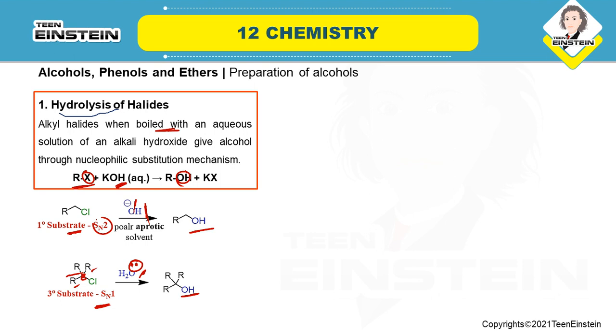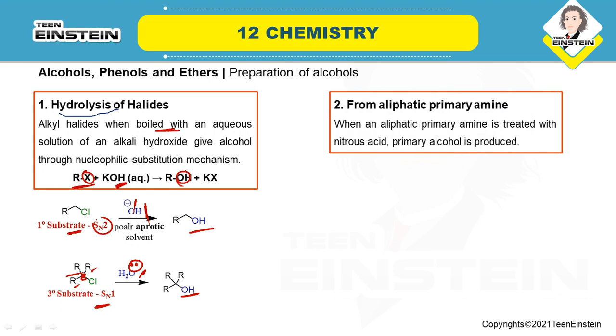And why it is not important, that discussion is done in detail in the haloalkane chapter. Because in case of SN2, the concentration of nucleophile matters, so the nucleophile that you are taking must be a good nucleophile. That is the reason in SN2 we are using HO minus, but in SN1 you can also use a weak nucleophile, it doesn't create any problem.